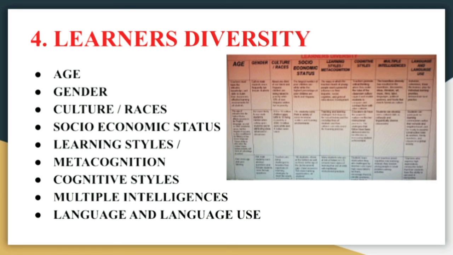And the characteristics are age, gender, culture or race, socioeconomic status, learning styles or metacognition, cognitive styles, multiple intelligences that are logical or mathematical, linguistic, musical, spatial, bodily kinesthetic, naturalist, interpersonal, and intrapersonal. And the last characteristic is language and language use.